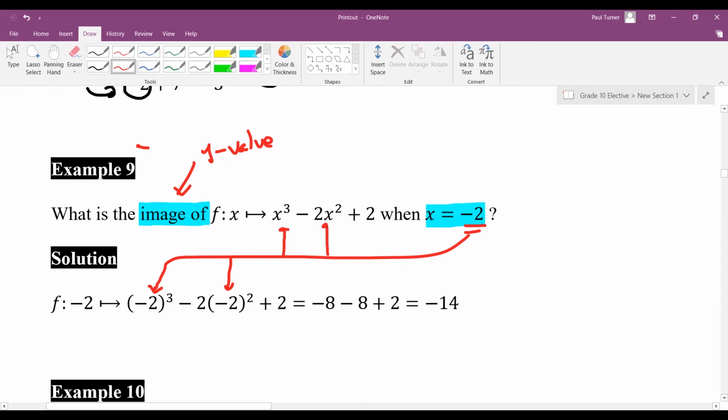When you do that, you'll get -14, and that's your image. So we could write that as f(-2) equals -14. That number is the image.